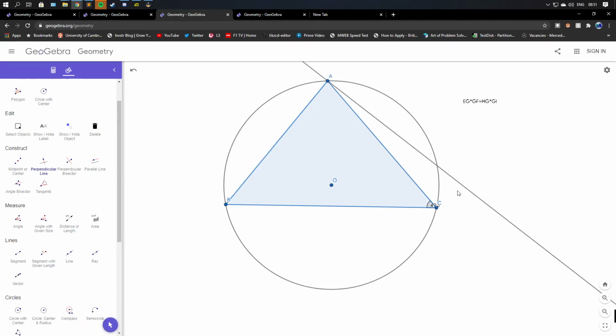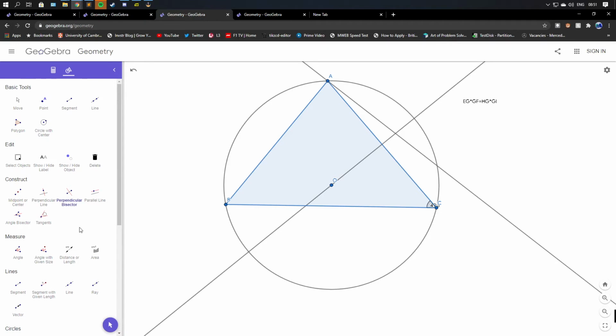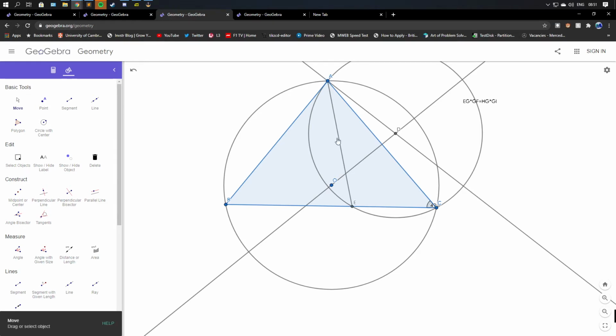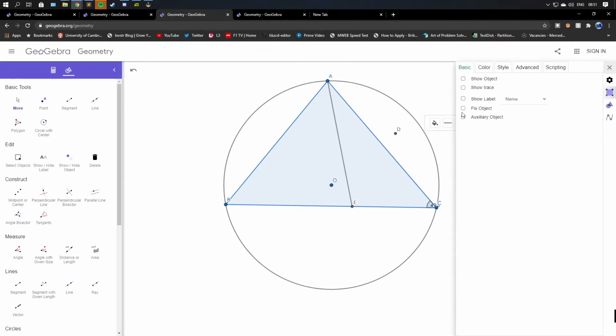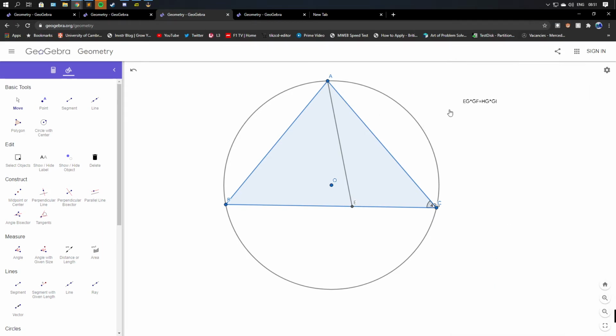So we construct that point, and then we want to construct the circle that passes that, so we're going to need a perpendicular bisector of this line, and then we are going to need a circle from this point to that point, and then this is our point B. And then we just hide all of our construction lines. And we don't need that either. Oh, let's get rid of that.